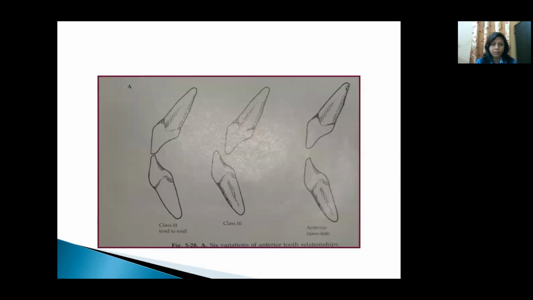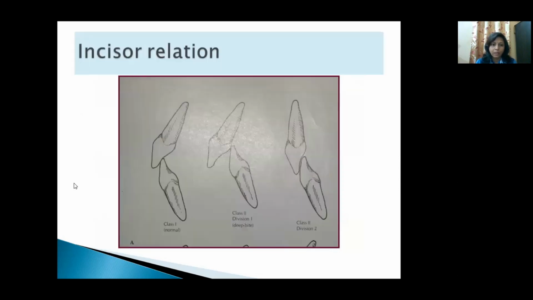So here in class 1, the incisal edges of the lower anterior teeth are in relation to the cingulum plateau of the upper anterior teeth, whereas in class 2 div 1 they are crossing the cingulum plateau and far ahead from this.